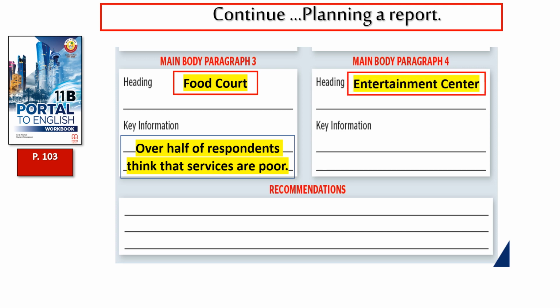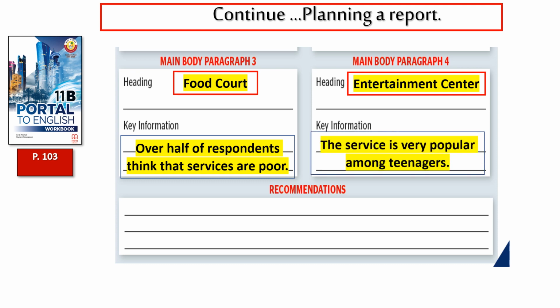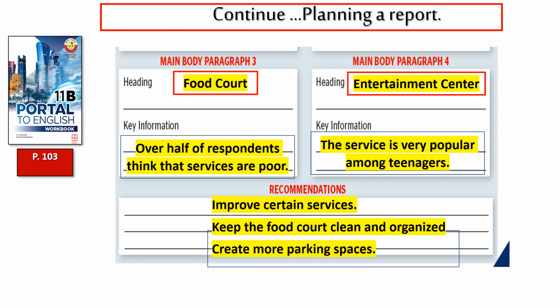Main body paragraph 4 can be entertainment center, and the key information can be the service is very popular among teenagers. For the recommendations, we can find them this way: improve certain services, keep the food court clean and organized, create more parking spaces.